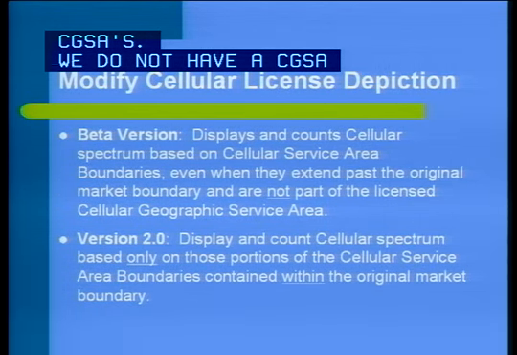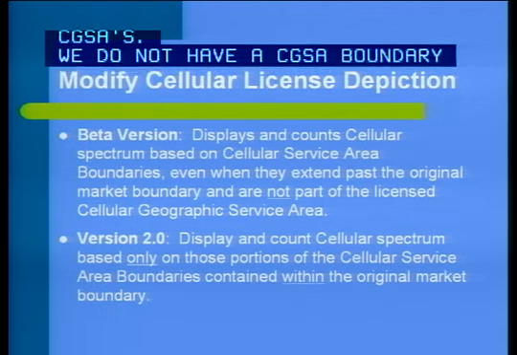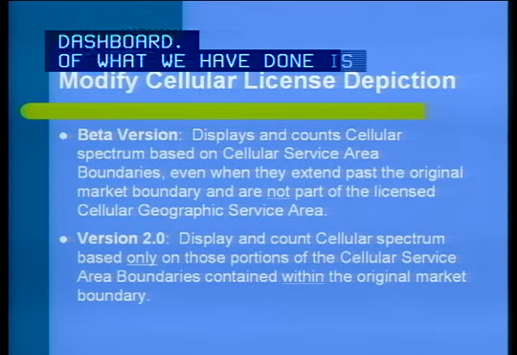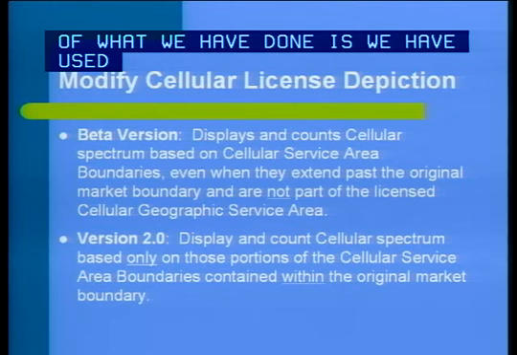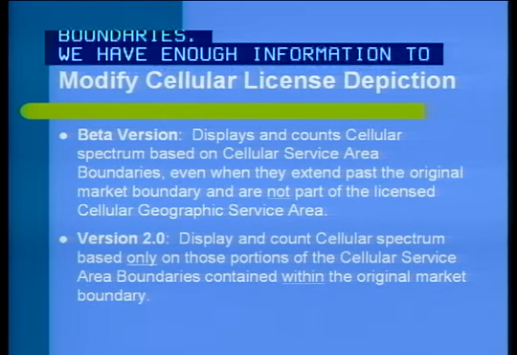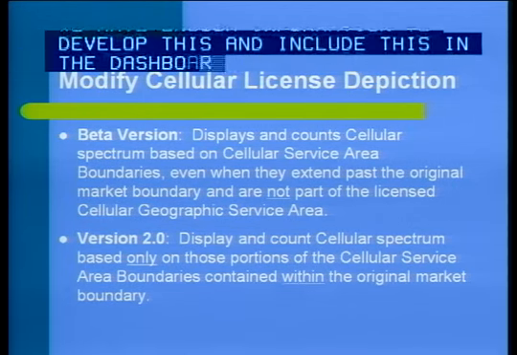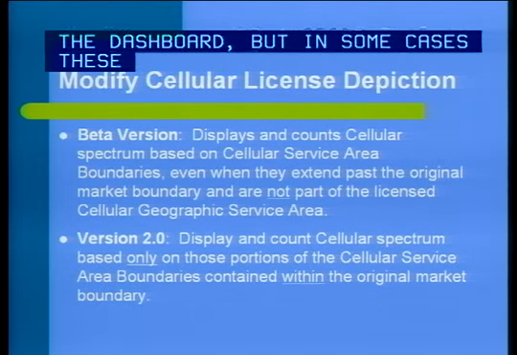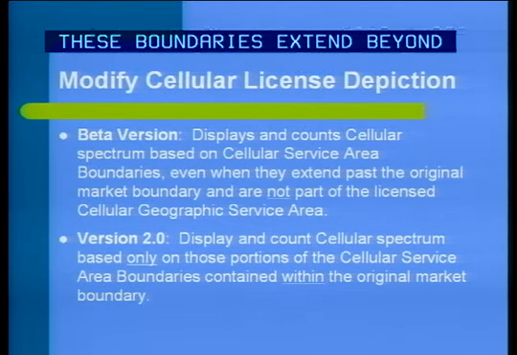What we have done is we've used cellular service area boundaries. We have enough information to develop those boundaries and include them in the dashboard. But in some cases, these cellular service area boundaries extend beyond the CGSAs, but in the dashboard we would show them. As a result, the beta version of the dashboard somewhat overcounts cellular spectrum.